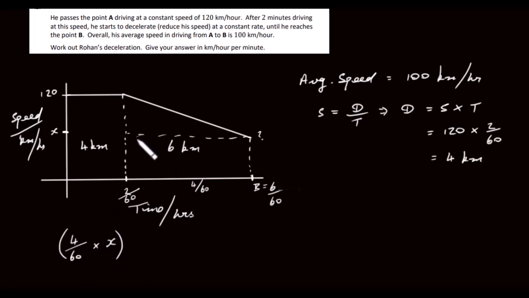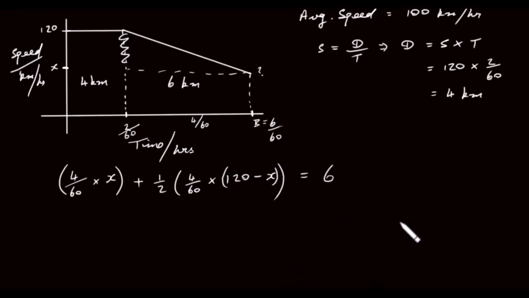That'll give us the area of this rectangle, length times width. We want this area here now as well. We'll add that on. So let's see, that's a triangle. So it's going to be half the base, which is half 4/60ths, times this distance along here, which is 120 minus x. And we know when we do all of that, we should get 6.